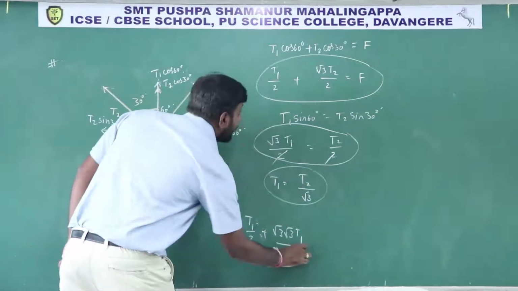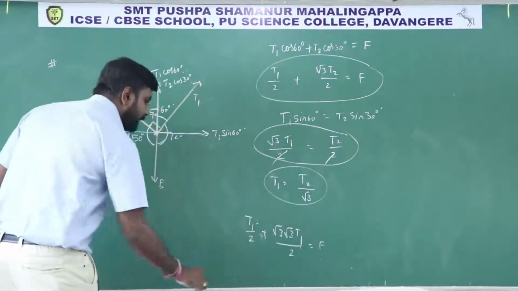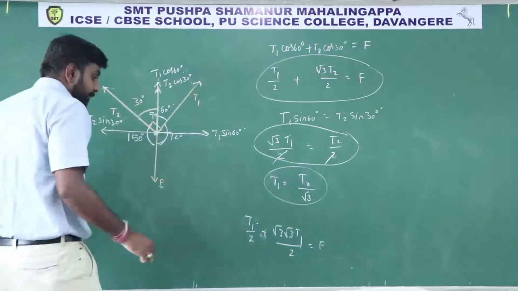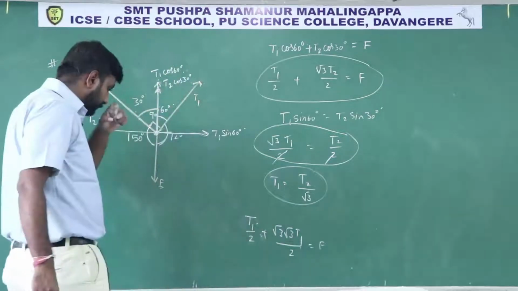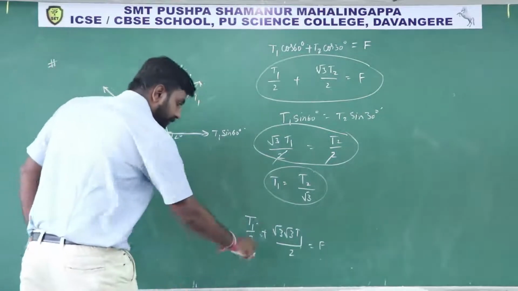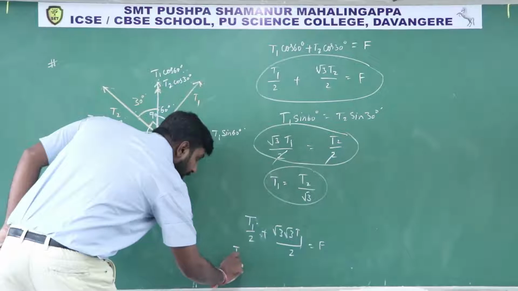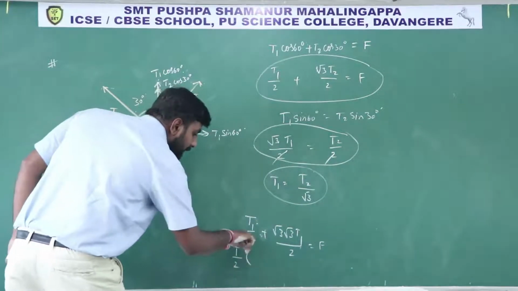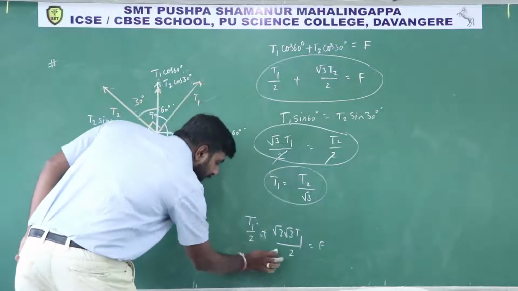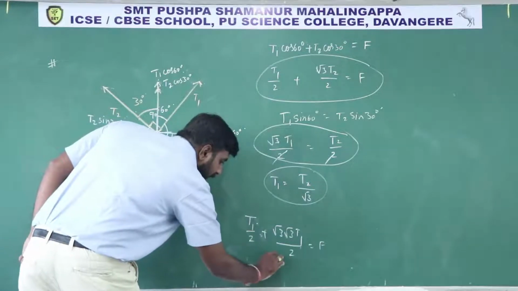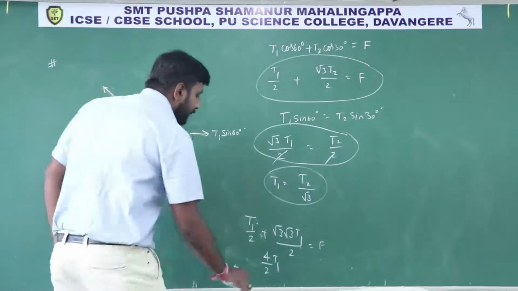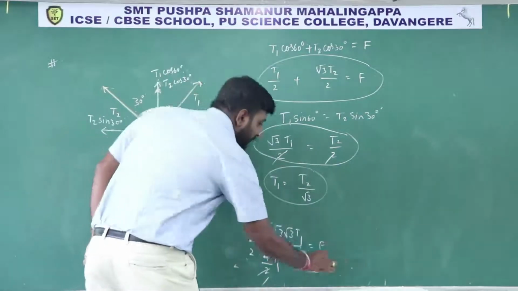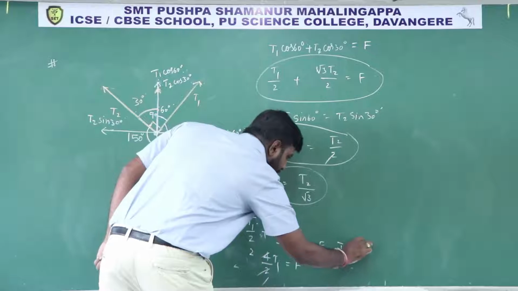Next, if you take T1 by 2 common outside, root 3 into root 3 becomes 3, and 3 plus 1 is 4. After solving, you get 4 T1 by 2 equals F, or 1 times, 2 times. So the T1 value is F by 2.